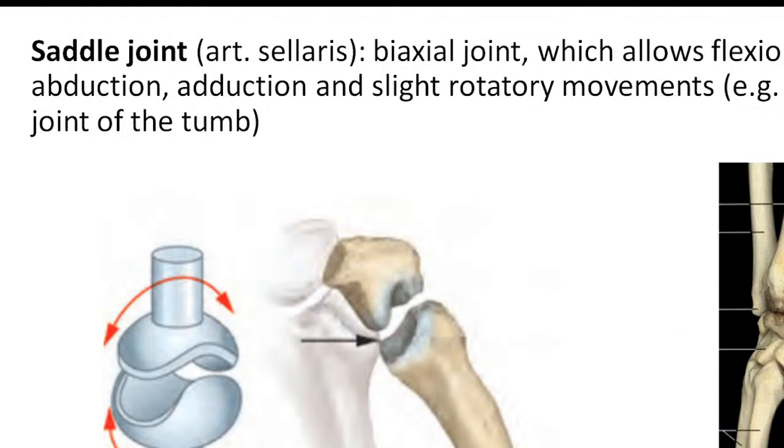It is a saddle joint, biaxial. It allows flexion, extension, abduction, adduction, and rotatory movement.